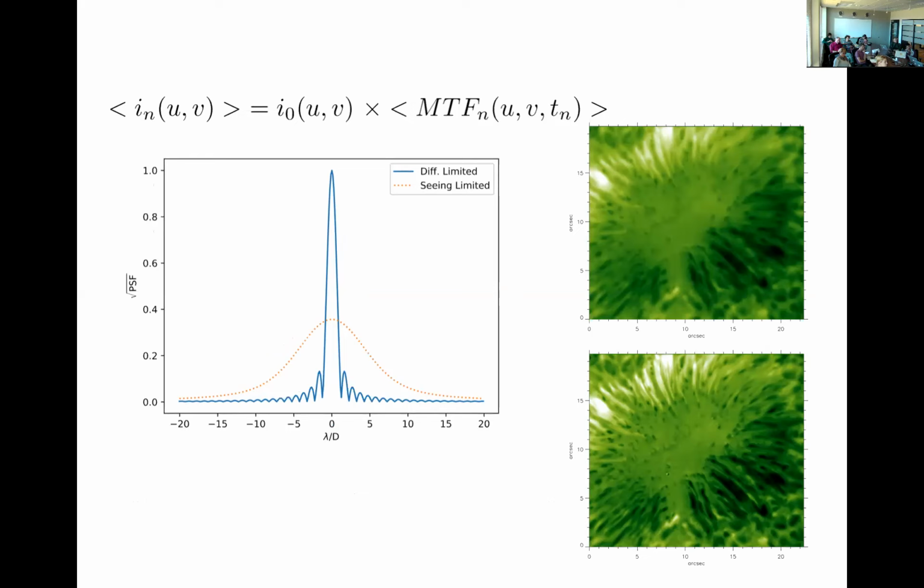And if I have the long exposure PSF, which you derive from the adaptive optics system that was running, you can then just do this deconvolution. And that's the image you see on the bottom there, where it's taken the long exposure image on the top, deconvolved it, and recovered some of those higher frequencies.